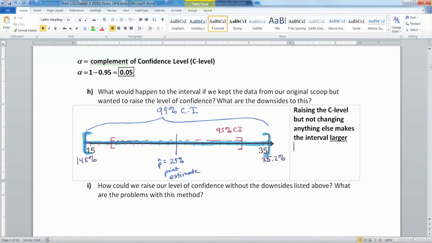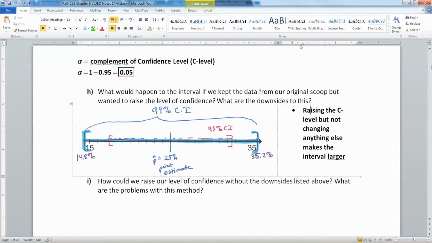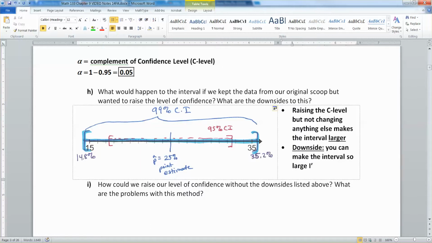The downside to this is that you can make the interval so large that it actually is meaningless. You can make the interval so large it's useless.